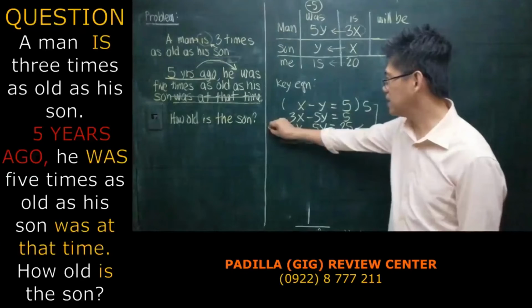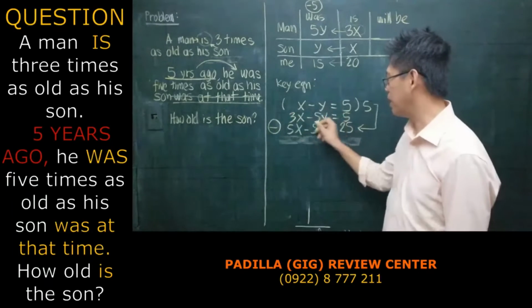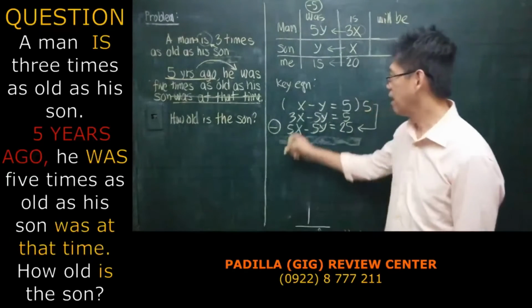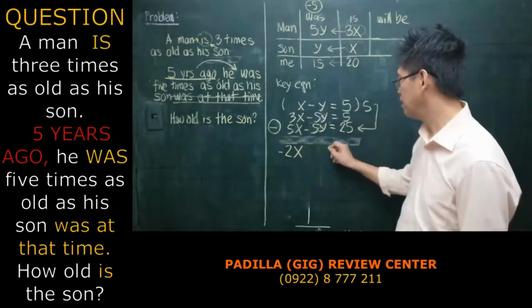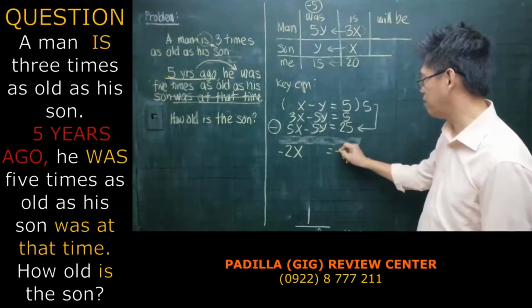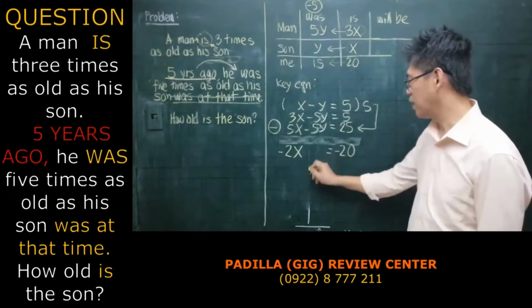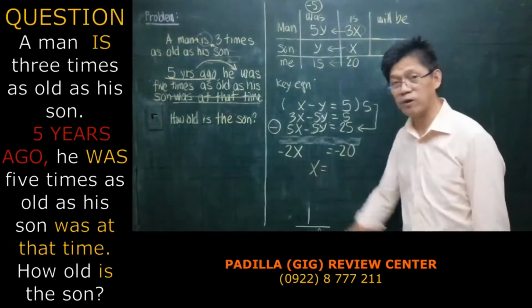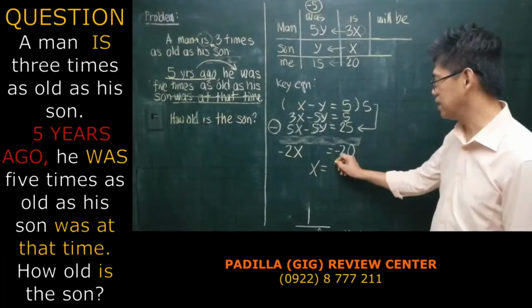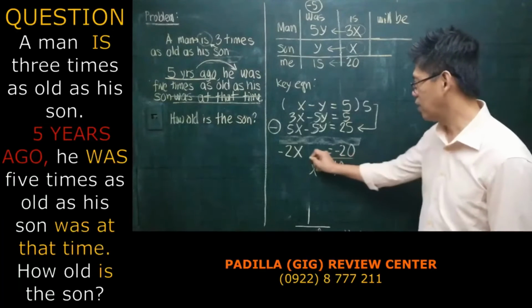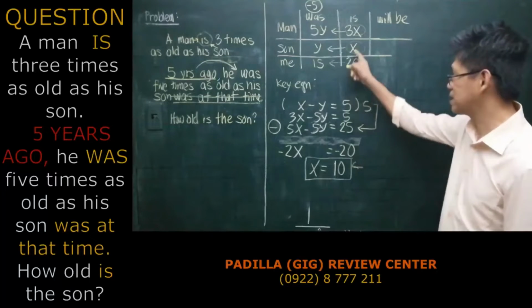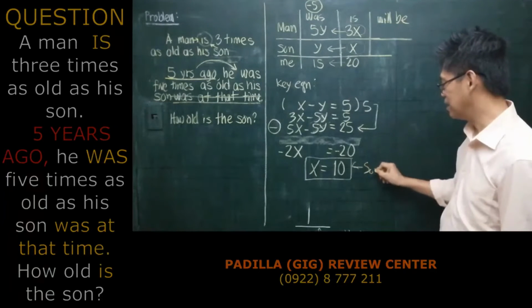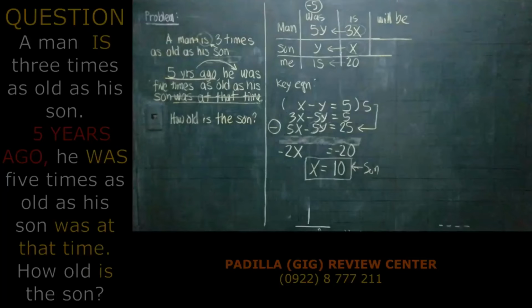So, subtracting the two, 5Y minus 5Y cancel. 3X minus 5X, this is minus 2X. 5 minus 25, minus 20. So, X is minus 20 over minus 2. X is 10. So, therefore, the son is 10 years old.